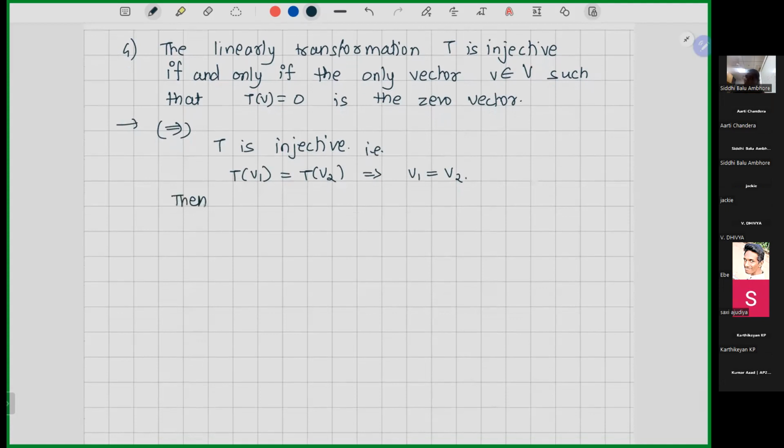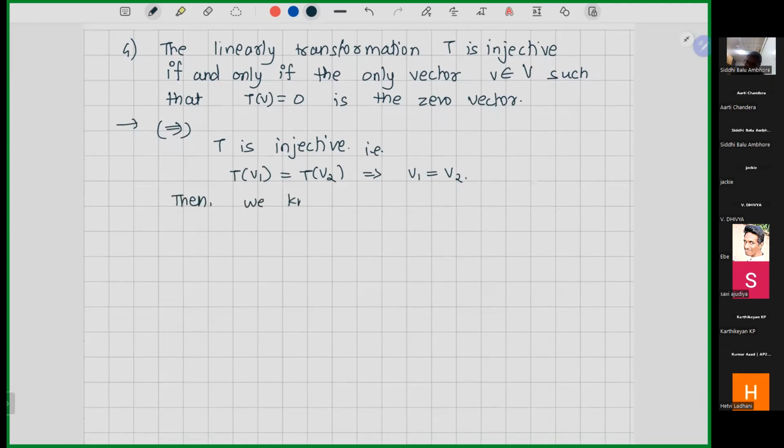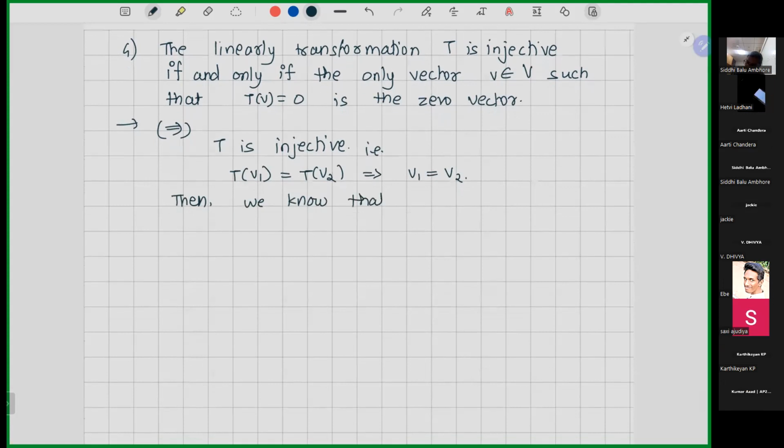Then we know that T of 0 is 0 because T is a linear transformation. So 0 goes to 0. This is all we know. Then if we have any other V1 in V such that T of V1 is equal to 0, then this 0 is T of 0.